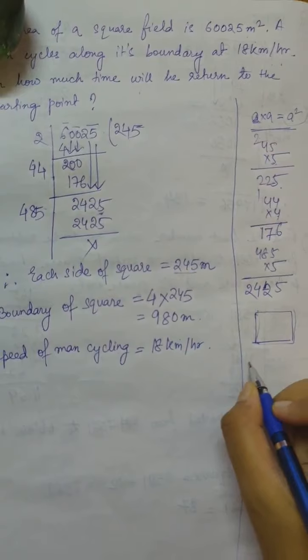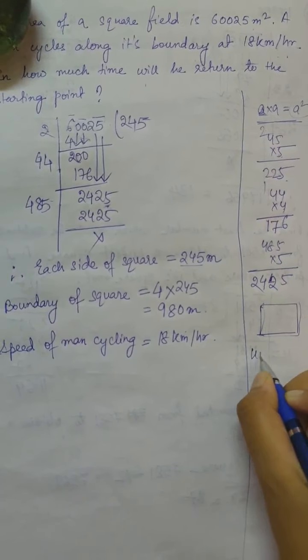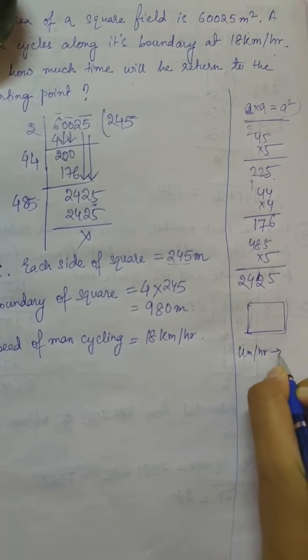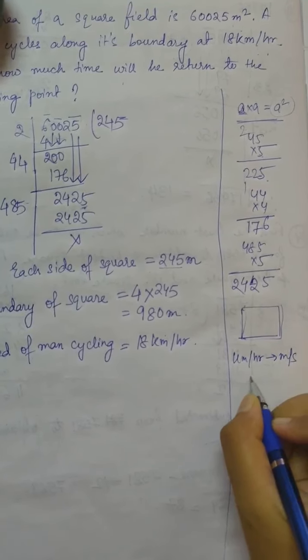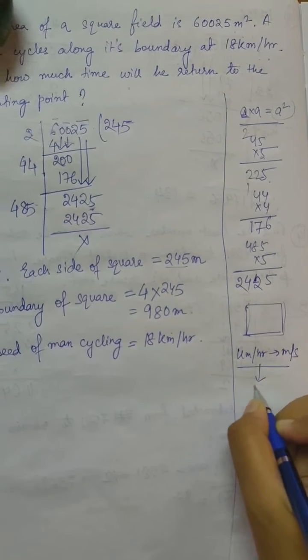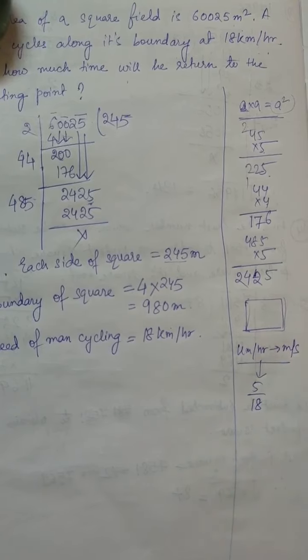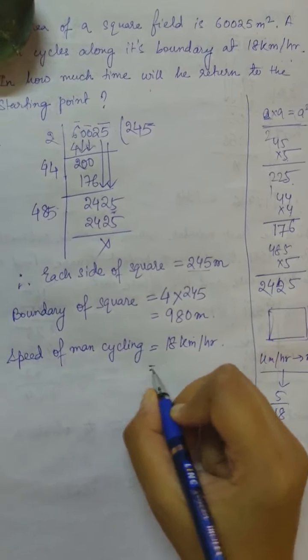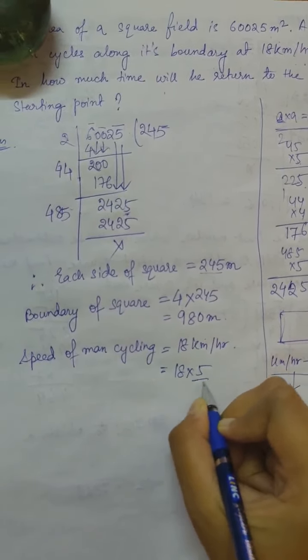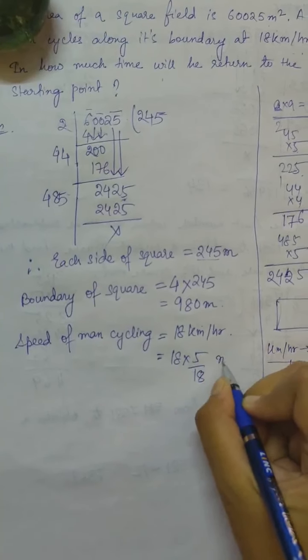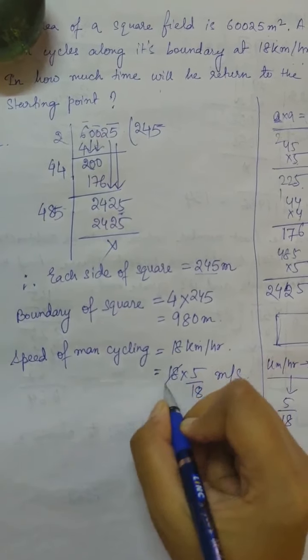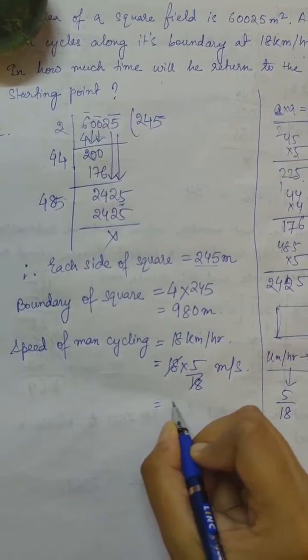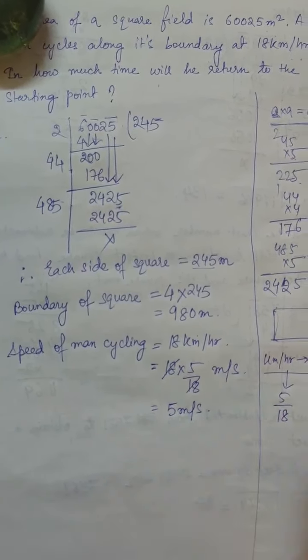For converting kilometer per hour into meter per second, you have to multiply the number with 5 by 18. So this is the rule. So 18 multiplied with 5 by 18 becomes meter per second. Now 18 and 18 cancel. So the speed of the man is 5 meter per second.